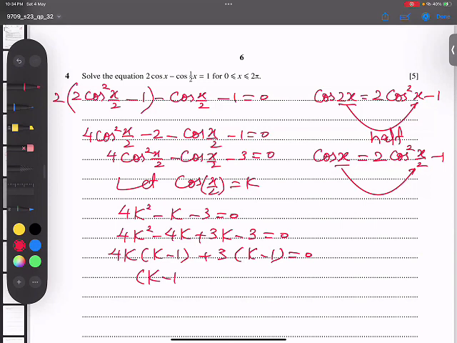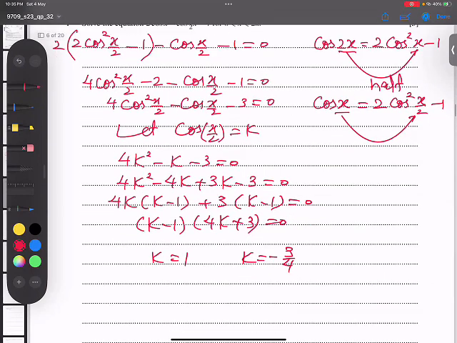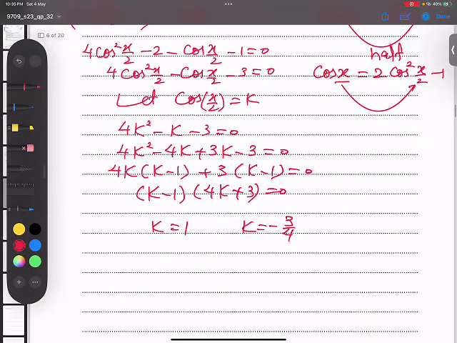I'm getting k minus 1 and 4k plus 3. I got two answers, 1 and negative 3 over 4. I think the point is clear. Okay, so after this, what is the next plan? I will plug both equations back in there.